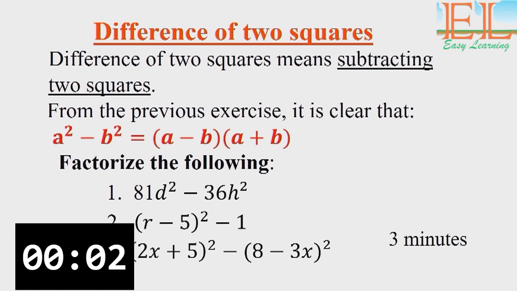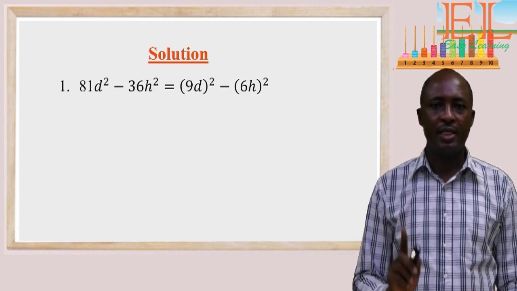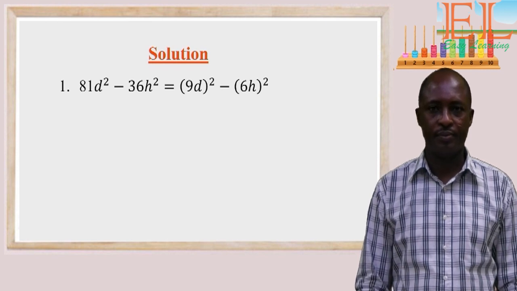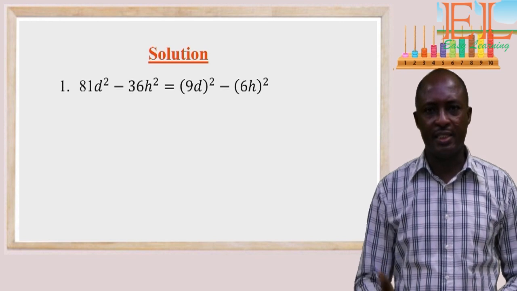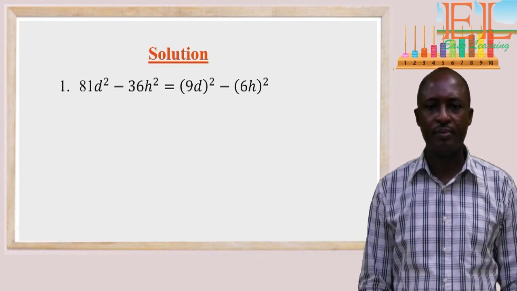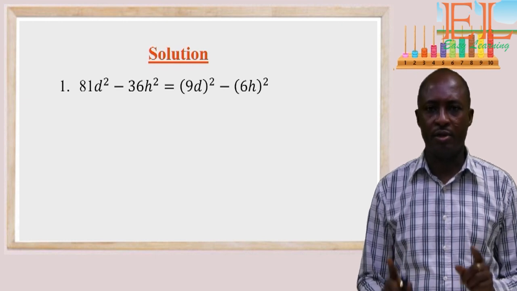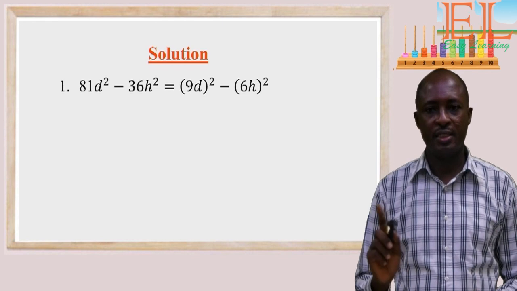Now let's compare your answers to mine. Number 1, 81d squared minus 36h squared. I will need to express the 81 and the 36 as squares. And of course, 81 is 9 squared and 36 is 6 squared.